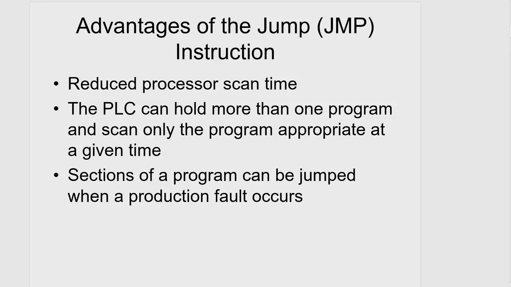When a fault occurred, your program would update that bit to a 1. That could be the conditional bit that makes the jump instruction true, and then you can jump over part of the program, or jump to the part necessary to address that fault condition. So that would be one reason I would use this jump command.